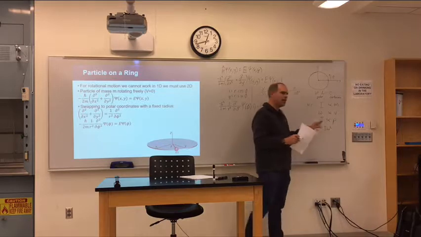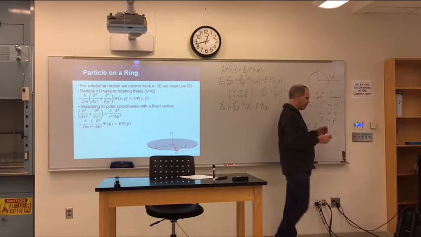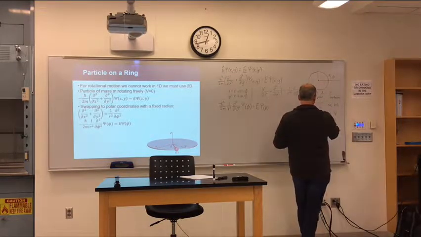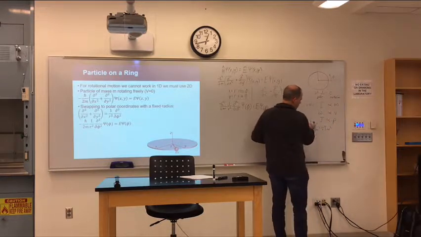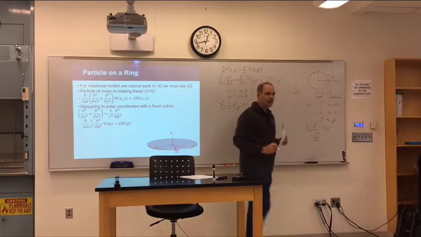So it's kind of like 1/2 mv squared, except we're using our polar type values. And so instead of being momentum over mass, it is the angular momentum squared over 2 times our equivalent thing for mass.